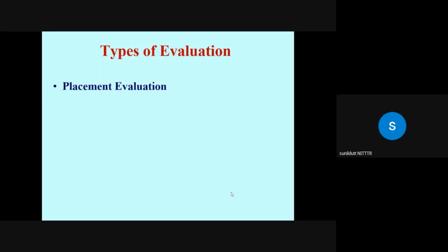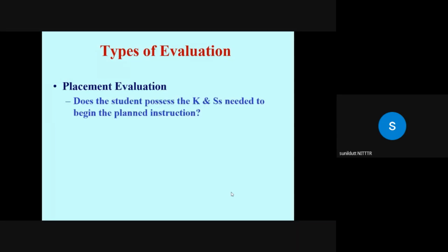So in order to ensure this, he asks one or two questions to know whether they possess the prerequisites or not. Only then the new topic can be started. So placement evaluation answers questions like, does the student possess the knowledge and skill that is needed to begin the planned instruction? Okay, so you have to ensure.